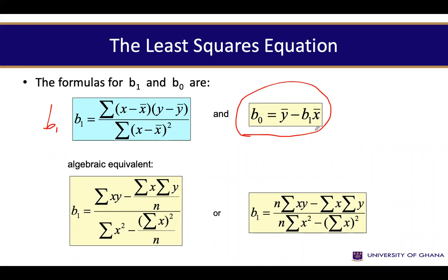So you realize that we need b1 to calculate b0. You try as much as possible to get b1 correct, so that b0 would also be correct. Otherwise, you are just going through a downward spiral.